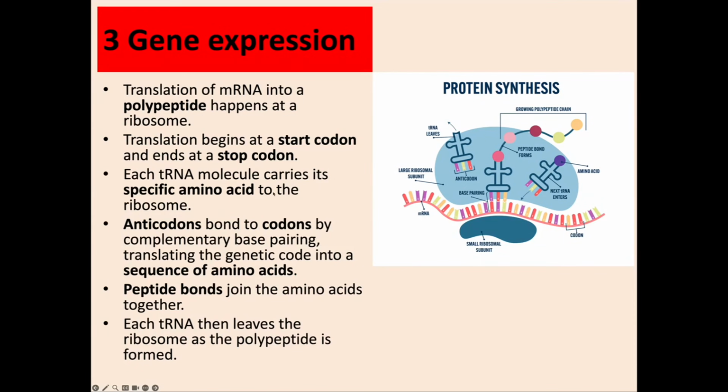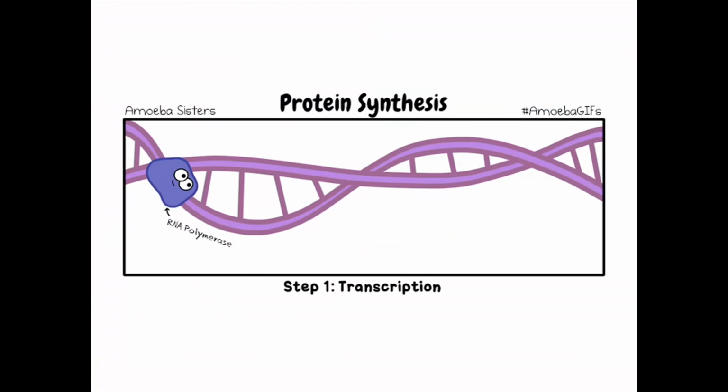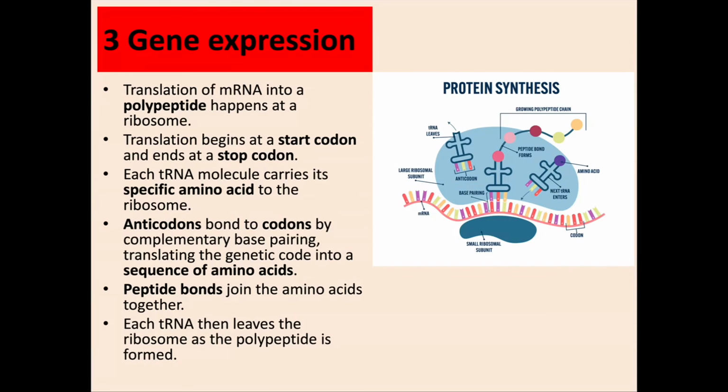i.e. one codon at a time, at the same time, the ribosome will be letting tRNA molecules arrive, which carry a specific amino acid. Now, again, we said earlier on, how do we know which specific amino acid the tRNA should be bringing here? Well, it depends on what the anticodon on the tRNA is, because that anticodon on the tRNA, we can see the 3 letters there at the bottom of these tRNA molecules, these anticodons, they have to be complementary to the codon that is on the mRNA mature transcript.